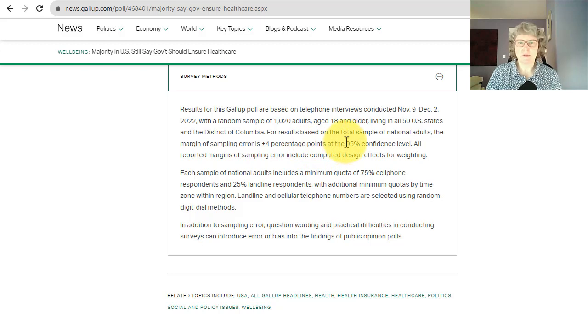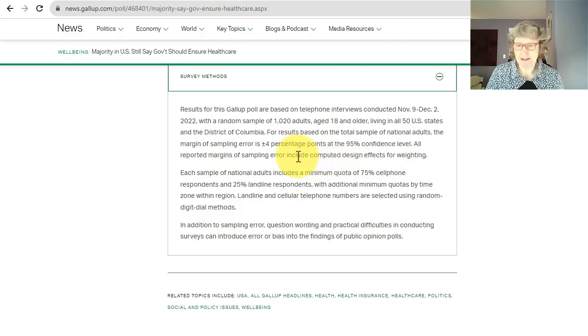Okay, so that's, for example, the one we're looking at, the 57%, is from their whole sample. When they separate just Democrats and Republicans, that's now a part of a sample with less sample size. So that wouldn't be the plus or minus 4%. At the 95% confidence level, all reported margins of sampling error include computed design effects for weighting.